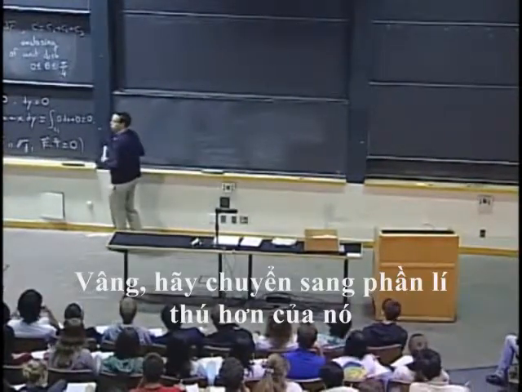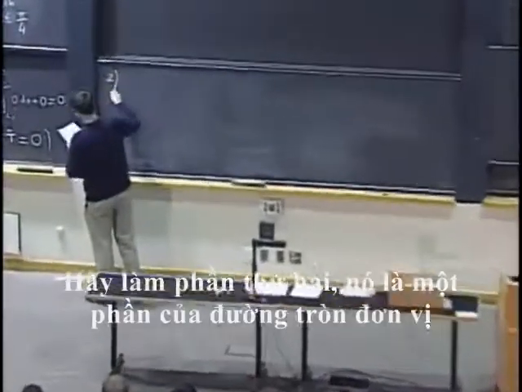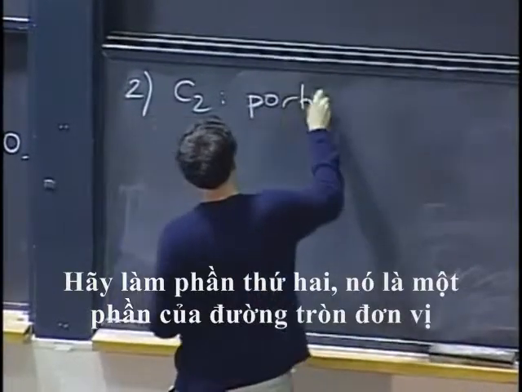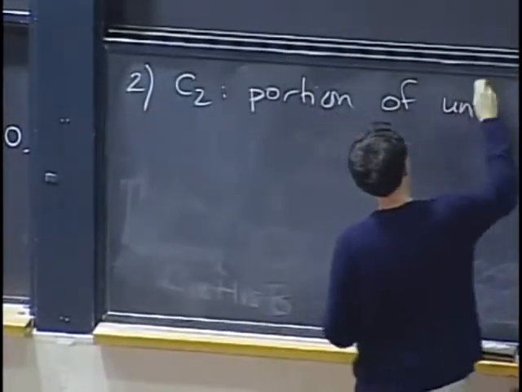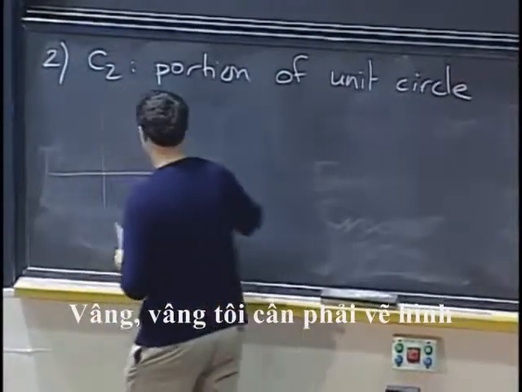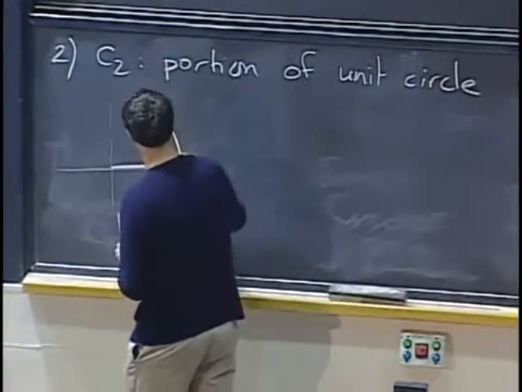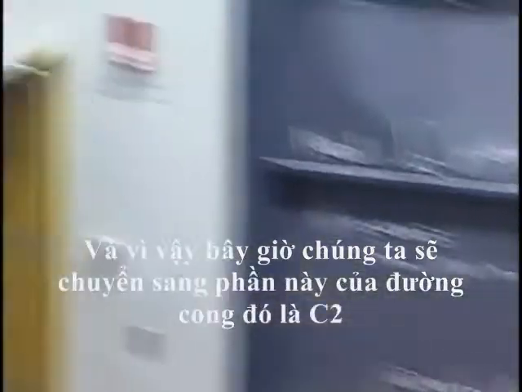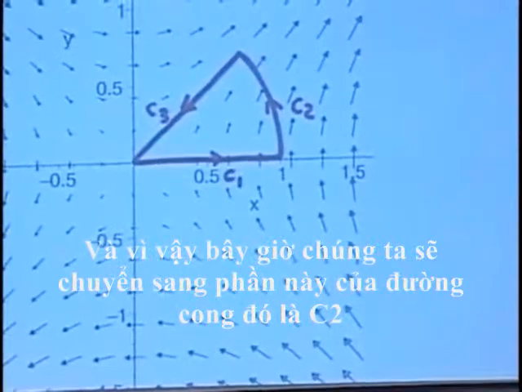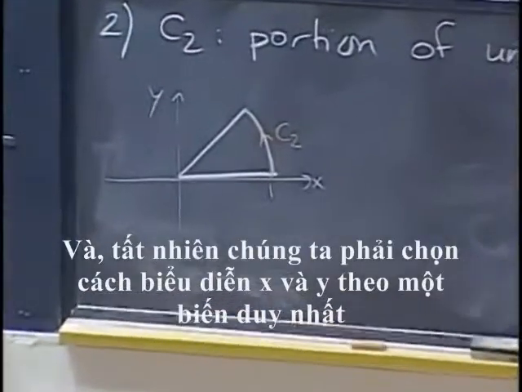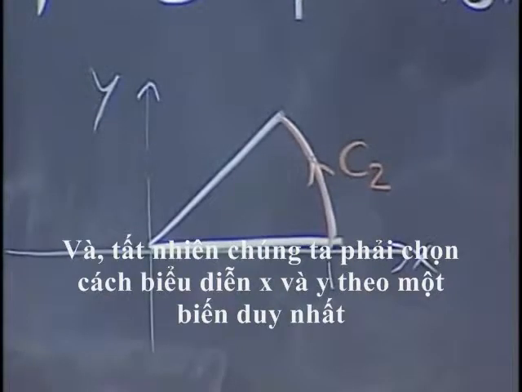Okay, let's move on to a more interesting part of it. Let's do the second part, which is a portion of a unit circle. Maybe I should have drawn my picture. And so now we are moving on this part of the curve, that's C2. And of course, we have to choose how to express x and y in terms of a single variable.